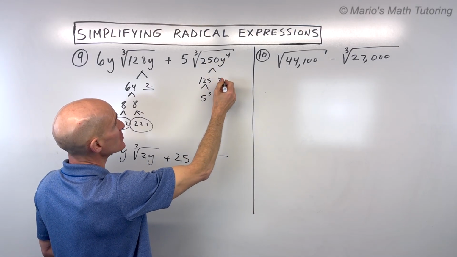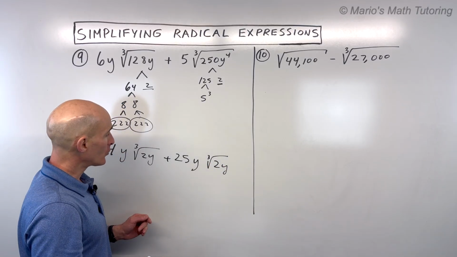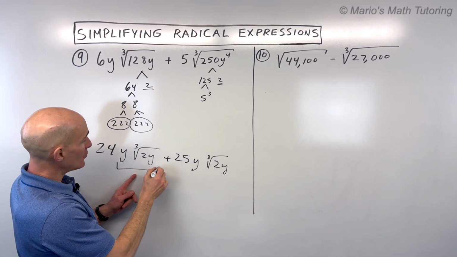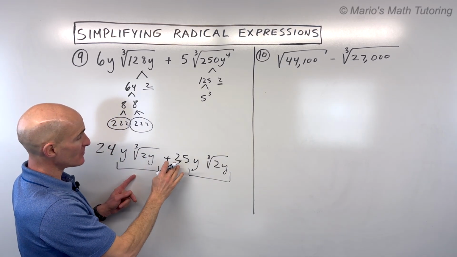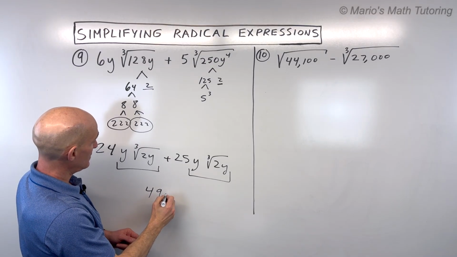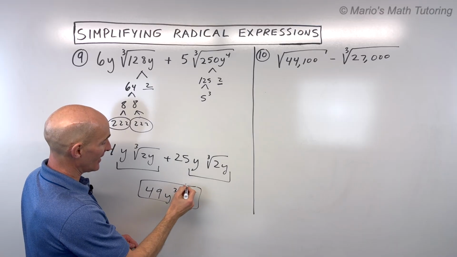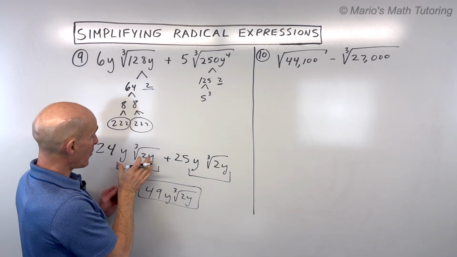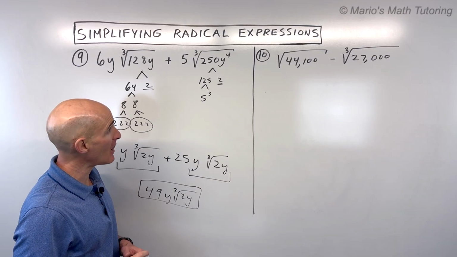This 2 is also left over, so that's going to leave us with the cube root of 2y. Now look at what we have here. We've got this y cube root of 2y, y cube root of 2y. I've got 24 of these plus 25 of these. That's 49y cube root of 2y's. Okay, so they're combining like terms, but this quantity has to be the same in order to add or subtract the coefficients.